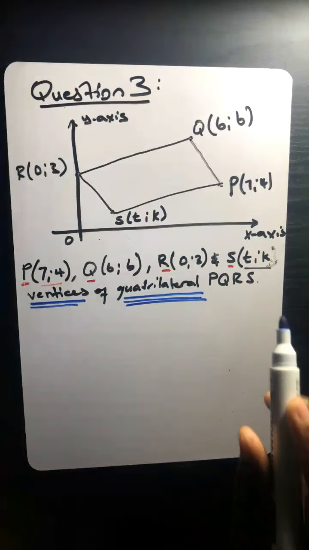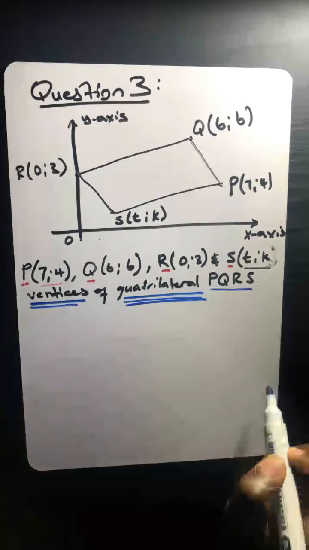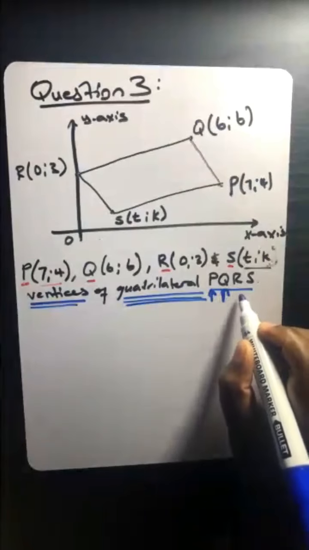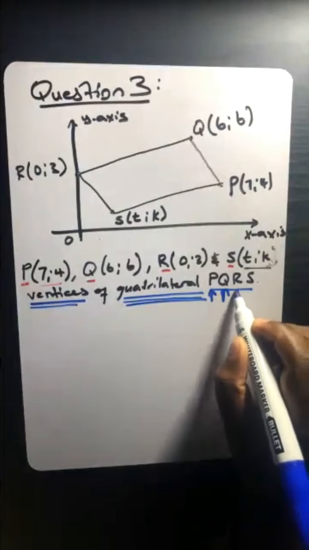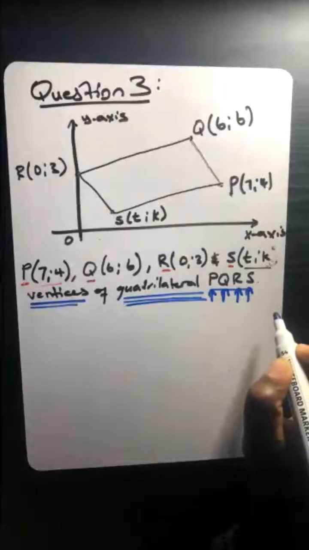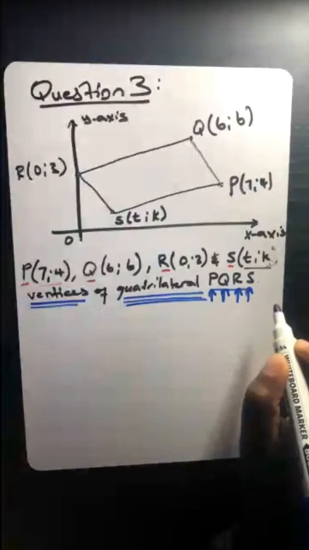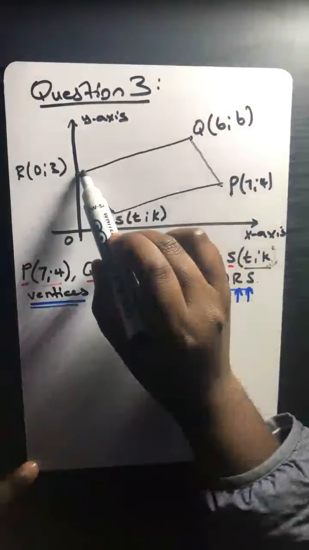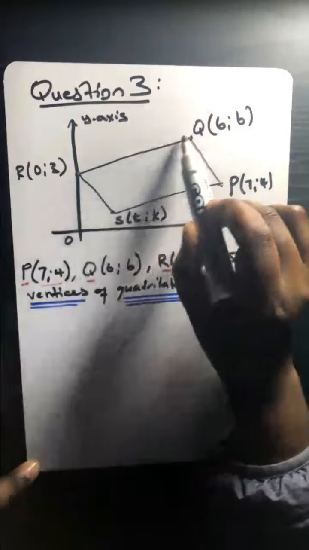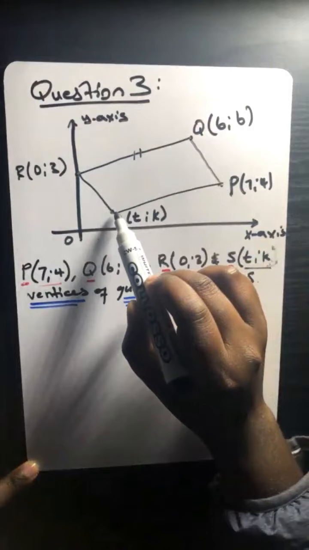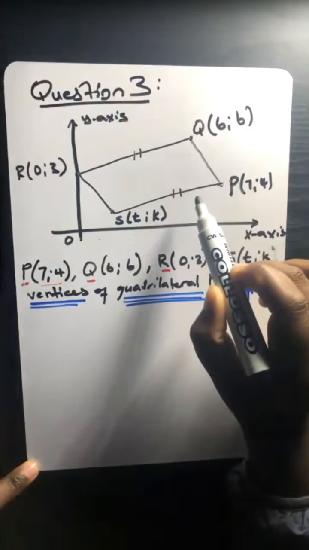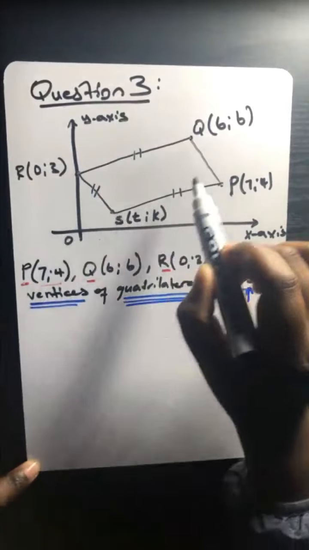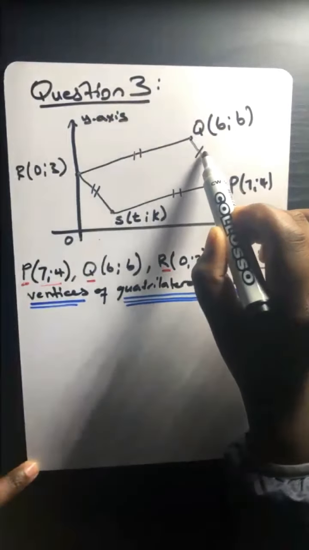A quadrilateral has 4 corners: the first corner there is P, the second corner A, then the third corner and fourth corner. What you need to know for now is that the length of this side should be equal to the length of that side. And again, the length of this side should be equal to the length of that side.